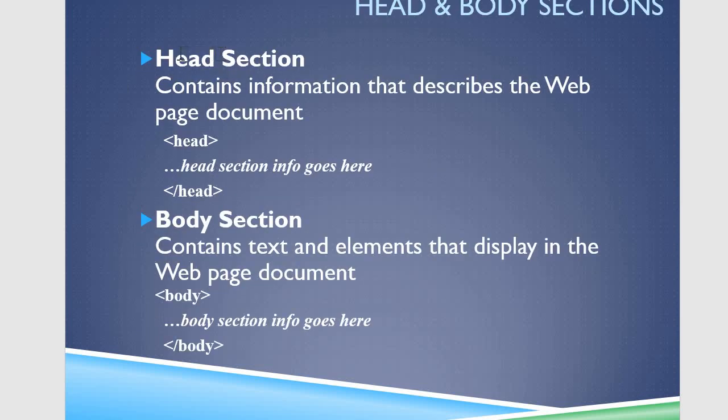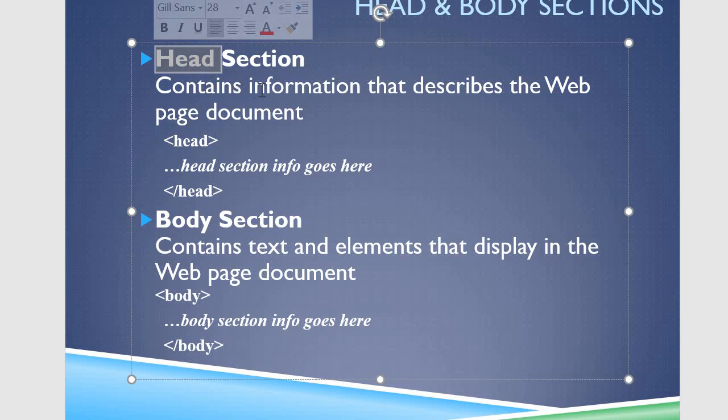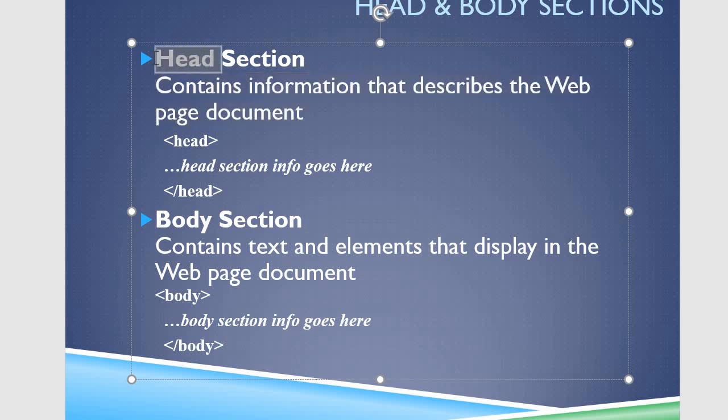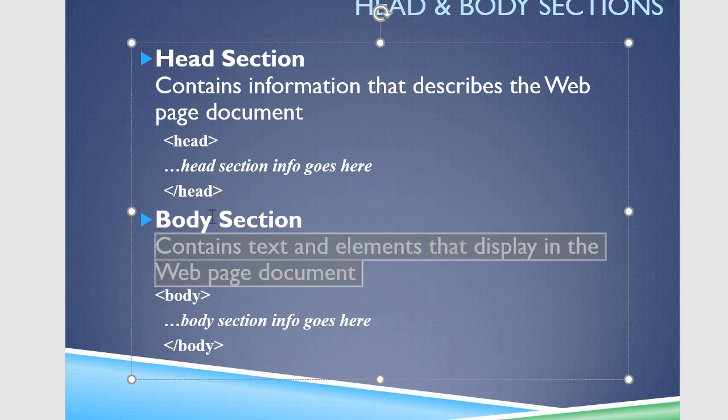Then head section, you can see head section. So it contains information that describes the web page document. See, contains information that describes the web page document. What is that? Header. Contains text and elements that display the web page document.